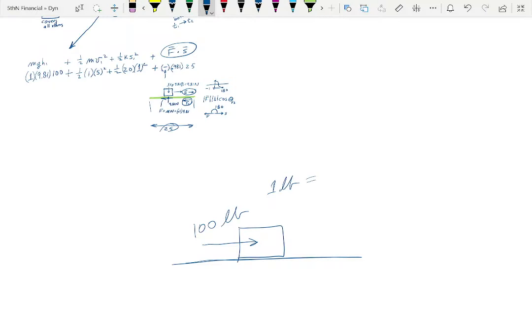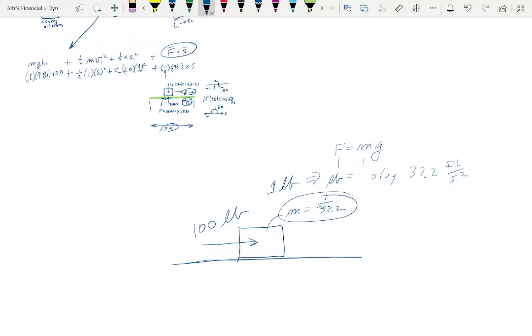F is equal to MA, and 1 pound equals so many slugs times 32.2 feet per second squared, which means the mass is 1/32.2.